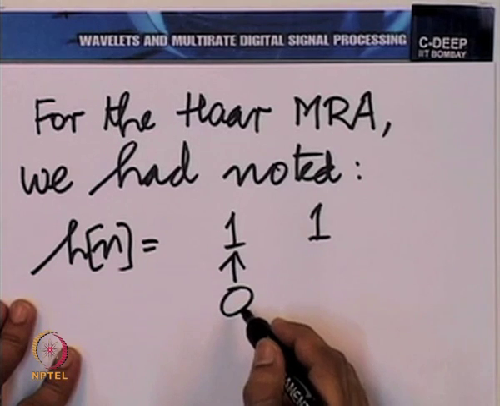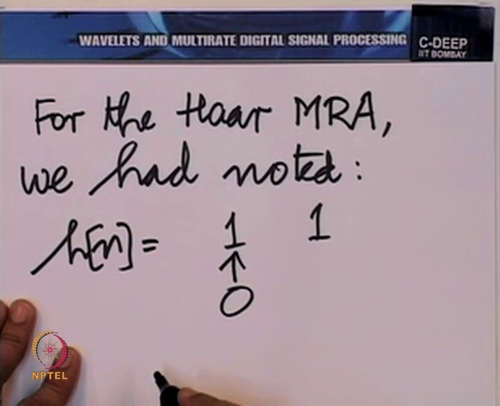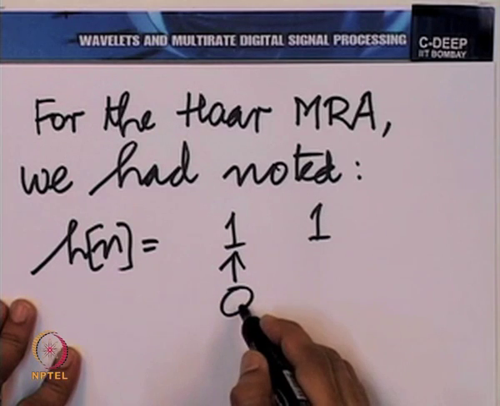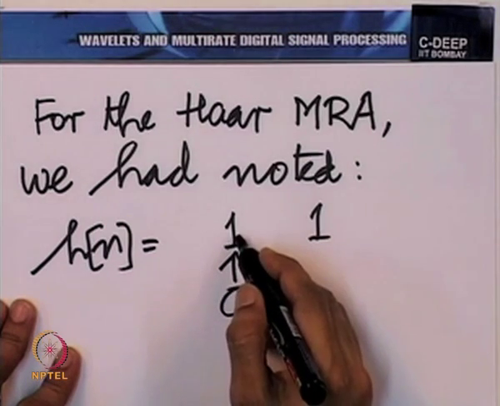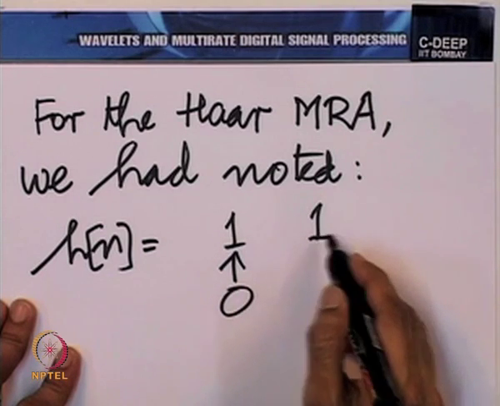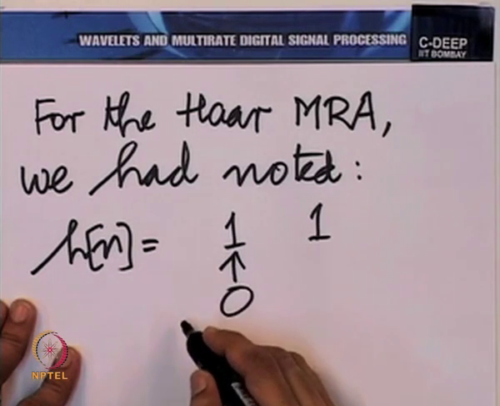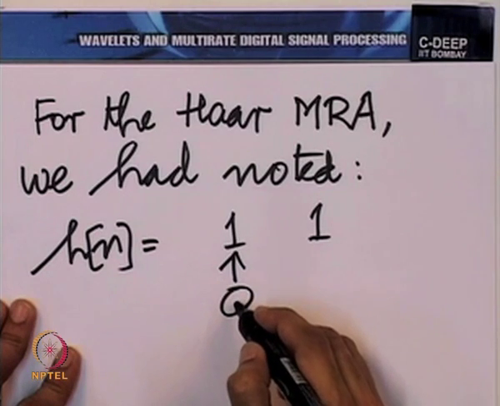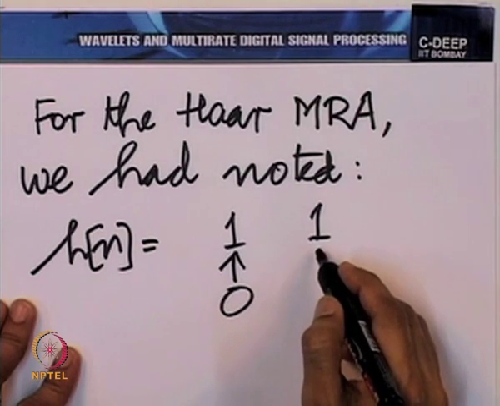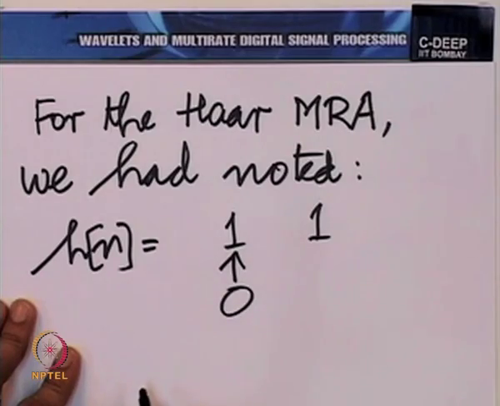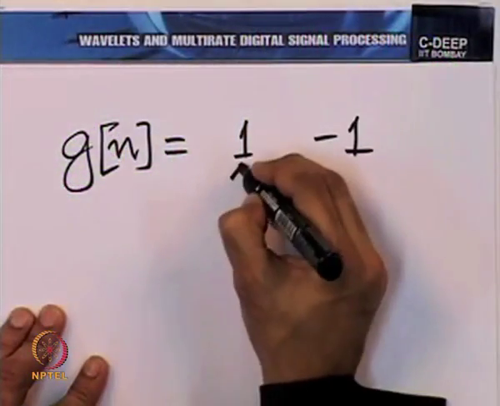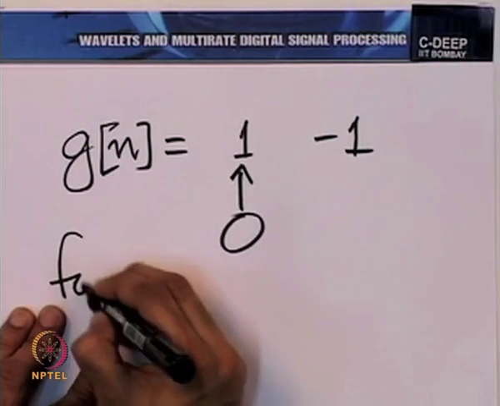Recall that this is a way of denoting finite length sequences, and this means that at n equal to 0, the value of the sequence is 1, and then points after and before take values as shown. So, for example, here if this is n equal to 0, this is going to be n equal to 1, and of course, other points which are not shown are automatically 0. g[n] is this for the Haar system.